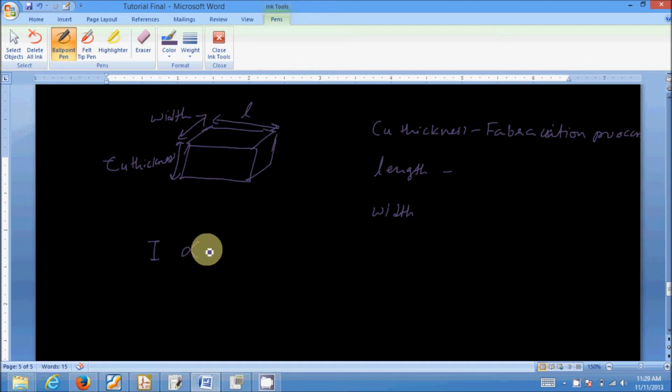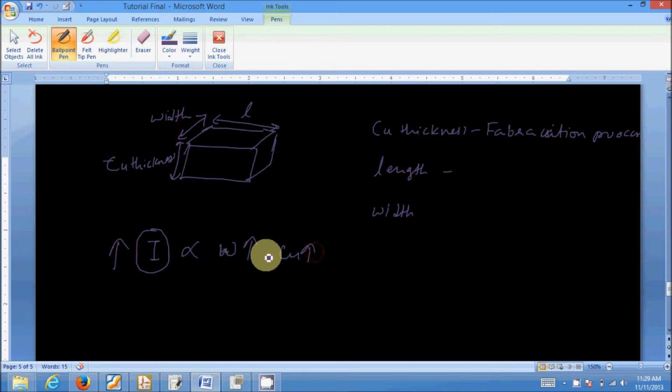So width and all other parameters as well are directly proportional to the current that it sustains. So what it means is, if the width is larger or the length is larger or the copper thickness is larger, it can sustain more current. So current will increase with increase in width or increase in the copper thickness.